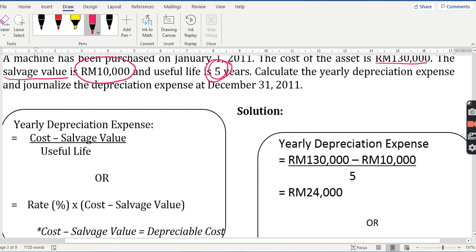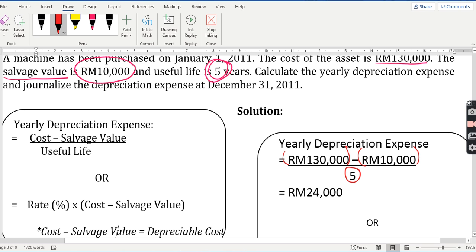You need to take the asset cost of 130,000 and then minus the salvage value. If you are not given any salvage value, that means the salvage value will be 0. We divide by the useful life given, that is 5 years.